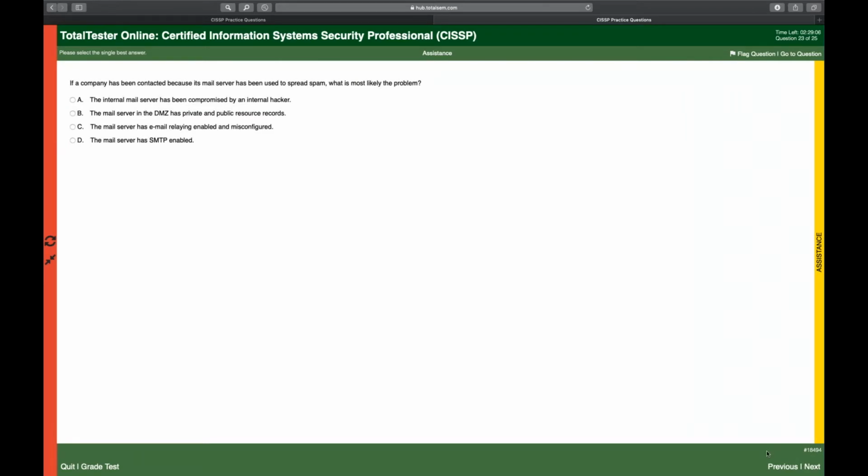Number 23, if a company has been contacted because its mail server has been used to spread spam, what is most likely the problem? Its mail server has been used to spread spam.